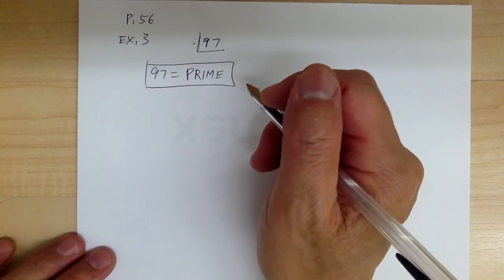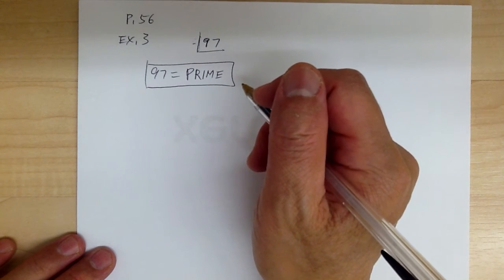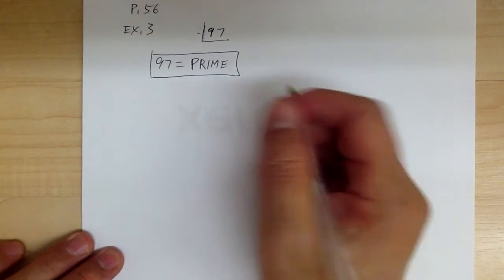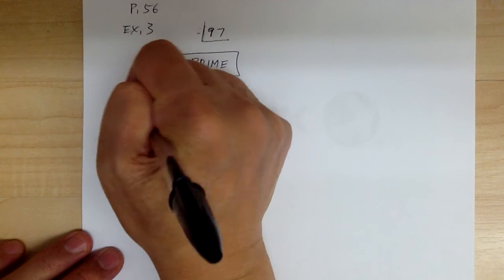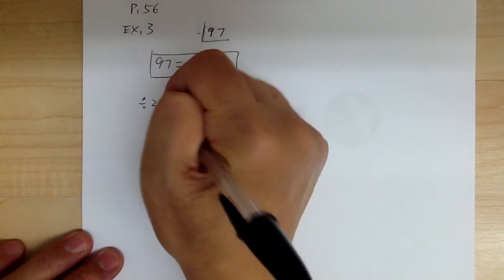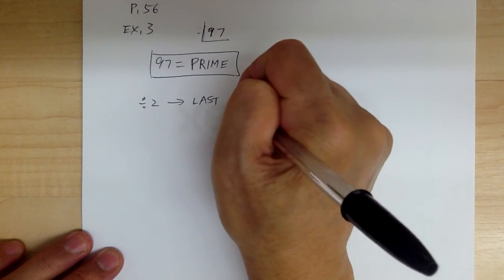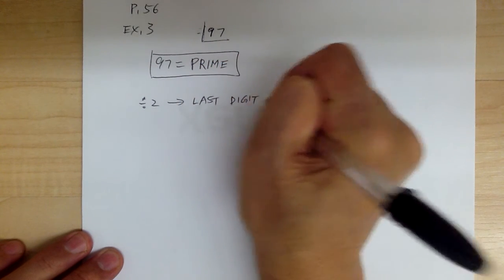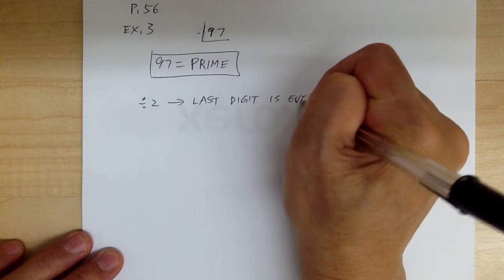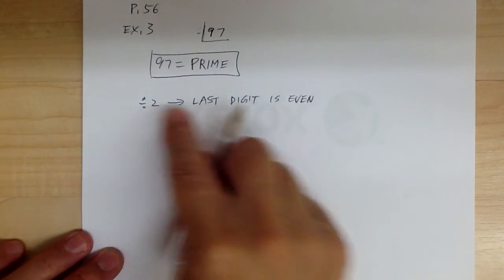Okay, the next thing we need to do is the test of divisibility. A number can be divided by 2 if its last digit is even. So if the last digit is even, then you can divide by 2.